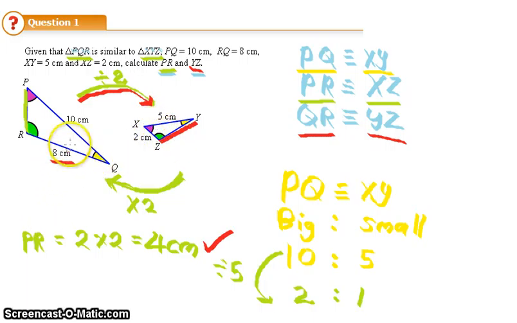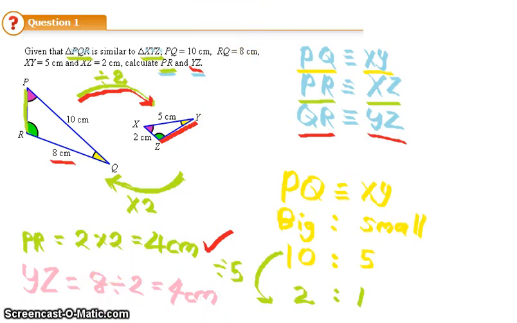We found that from the big triangle to the small triangle, the scale is 2. It's either magnified or shrunk by 2 times. So to find YZ, since it's 8 cm on RQ, we divide by 2. 8 divided by 2 is equal to 4 cm.